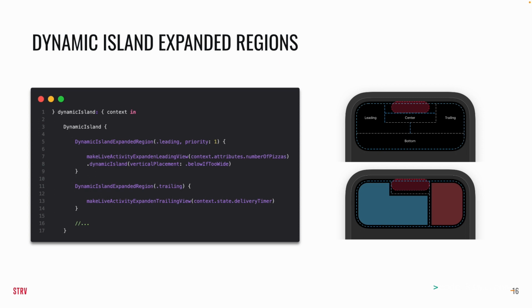So again, there is a modifier in SwiftUI for the dynamic island, which says to the dynamic island that, okay, if this label is conflicting with this physical area, you can put the label under the dynamic island. So it's very dynamic, and you can play with it to design your dynamic island.